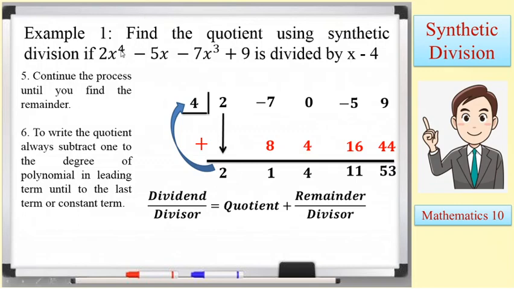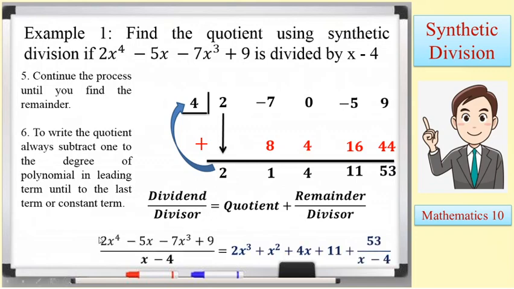Since ang degree of polynomial natin ay 4 kasi siya yung pinakamataas na degree sa ating polynomial, so ang gagawin natin para isulat yung coefficient natin is magsusubtract lang tayo ng 1 hanggang sa constant term.